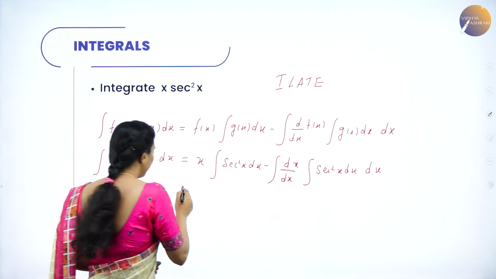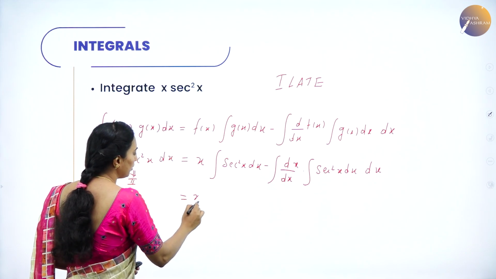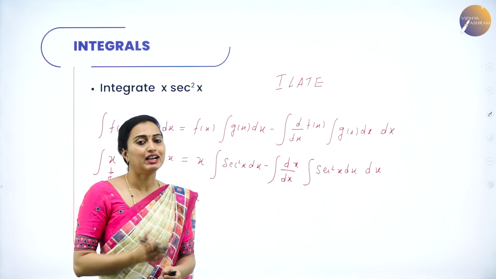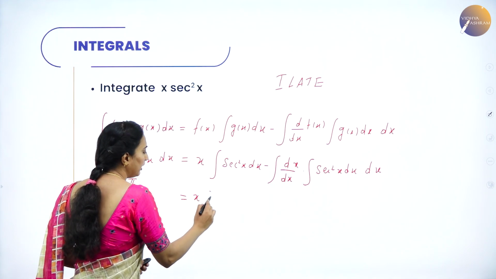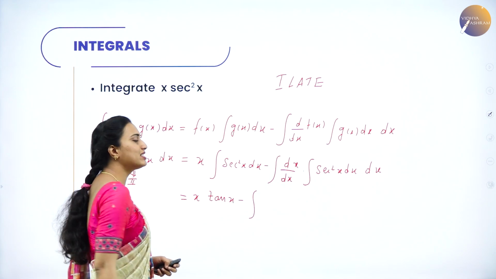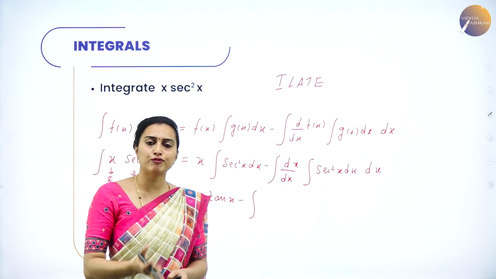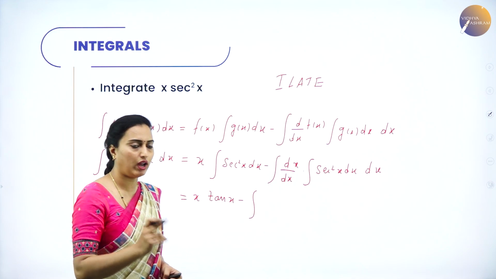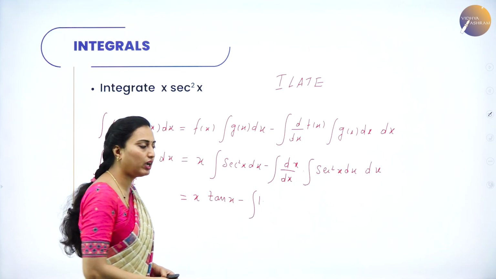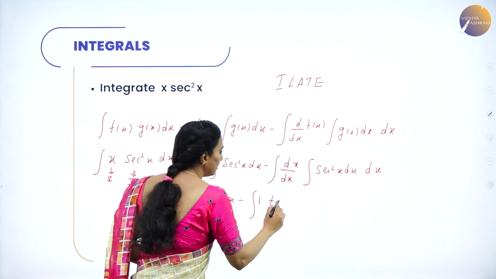Now here again further simplification it will be giving you x into integral of secant squared x is nothing but tan x. So therefore writing into tan x minus integral of what is d by dx of x, which is differentiation of x is nothing but 1. So therefore 1 into again integral of secant squared x is nothing but tan x, isn't it?